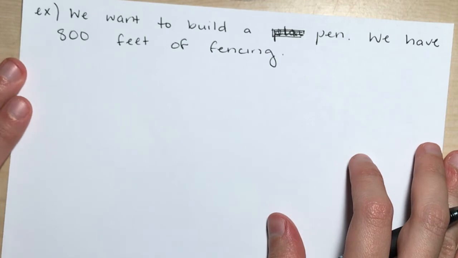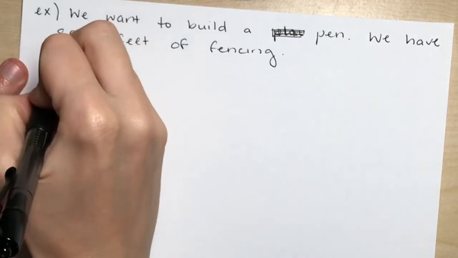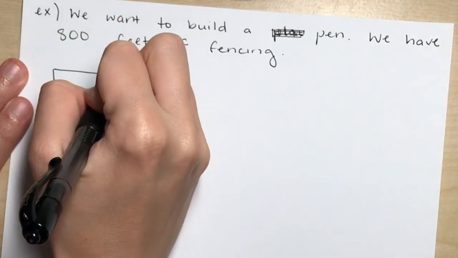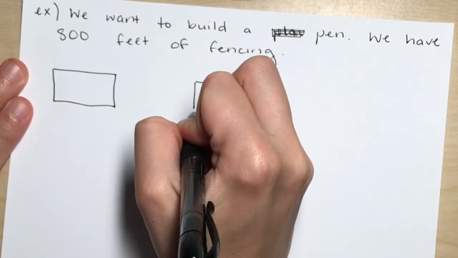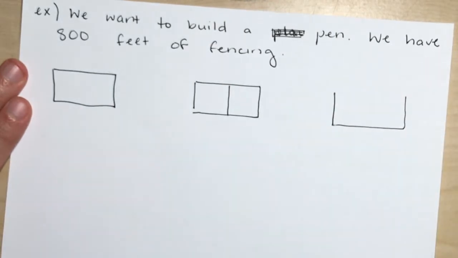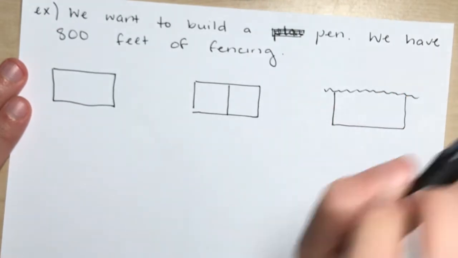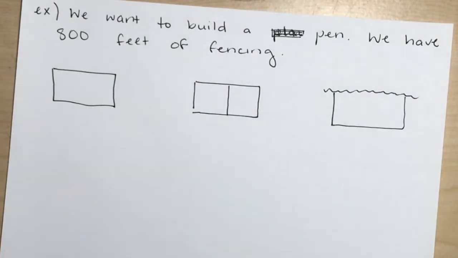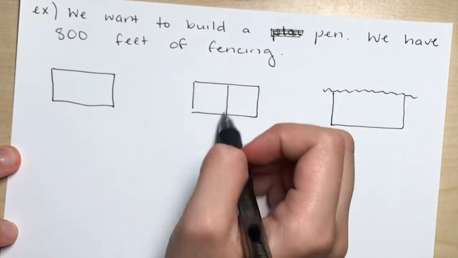All right. Well, we've talked about a lot of different shapes for this, right? We've talked about shapes that are just plain old rectangles. We've talked about shapes that have sort of dividers in the middle. We've talked about shapes that have had only 3 sides, and maybe there's something else that's making the 4th side. Well, how could we represent the perimeters of each of these, the amount of fencing that we need?